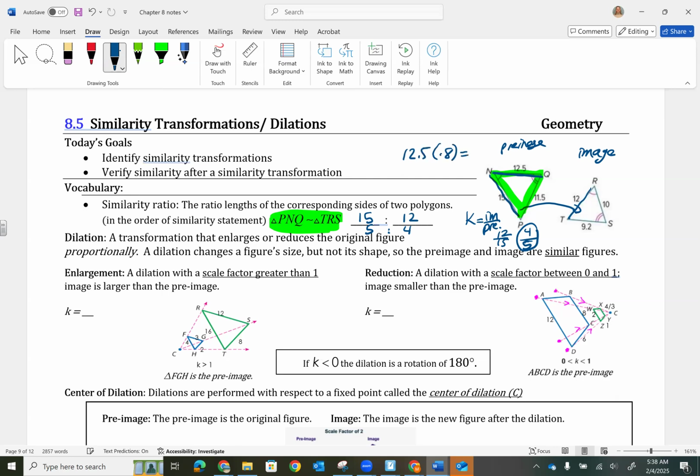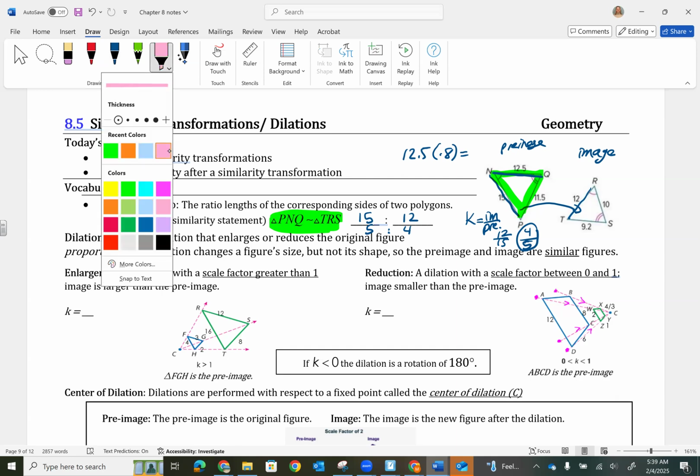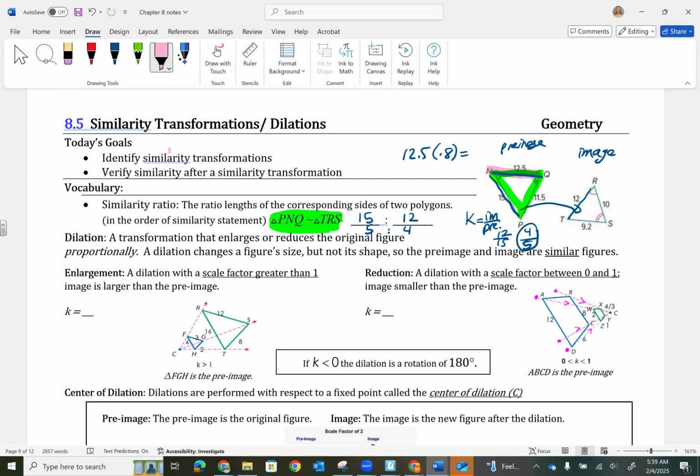If I find the product of those, let me get out my calc. I'm not about to do that without a calculator. Guess what I get? I get the related side, so 12.5 times the scale factor, which is 0.8 or 4/5. And I get 10. You can check it on your calc too.